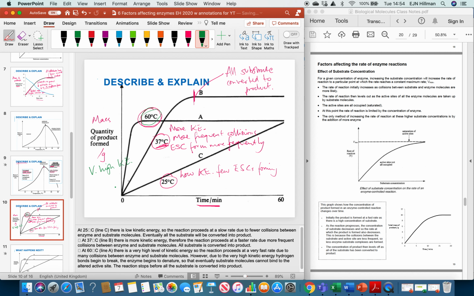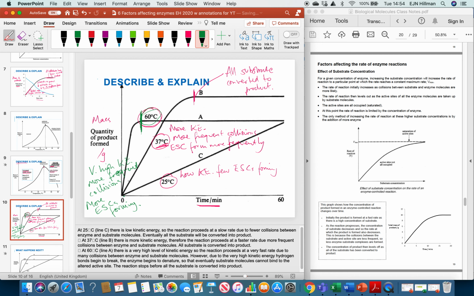Therefore, the reaction proceeds faster due to more frequent collisions and more enzyme substrate complexes forming. However, we can see in this graph that the line plateaus below that point of B.